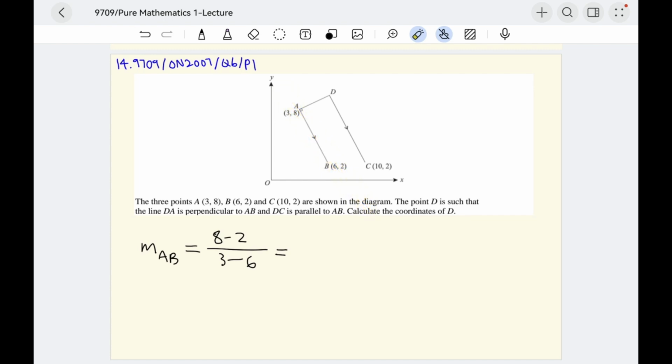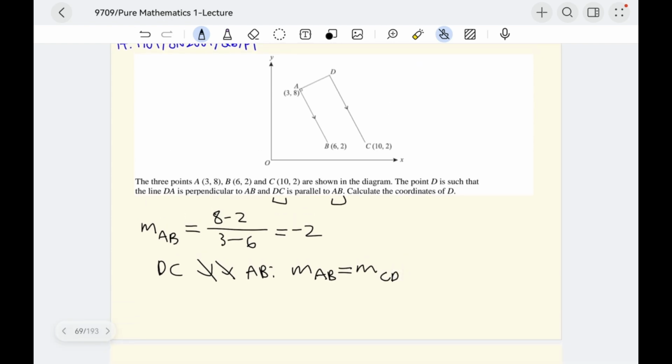So I have -2 for the gradient of AB. It says that DC is parallel to AB. What does it mean? It means that their gradients are the same. Therefore, the gradient of AB equals the gradient of DC.